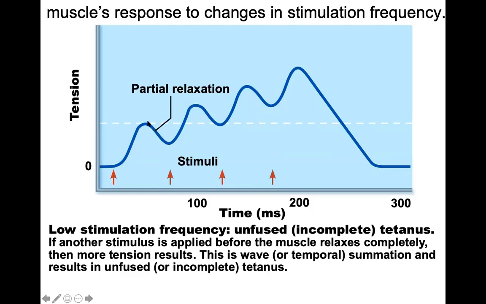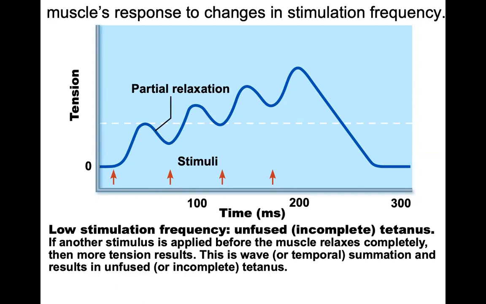Now notice as the muscle starts to relax, it never goes back all the way to the beginning phase, or the zero tension phase, right? Before it reaches that, in this scenario, a new stimulus comes in. So your muscle is partially relaxed right before a new stimulus comes in.